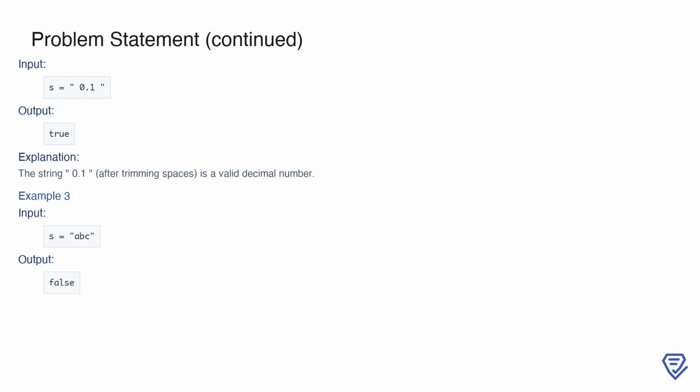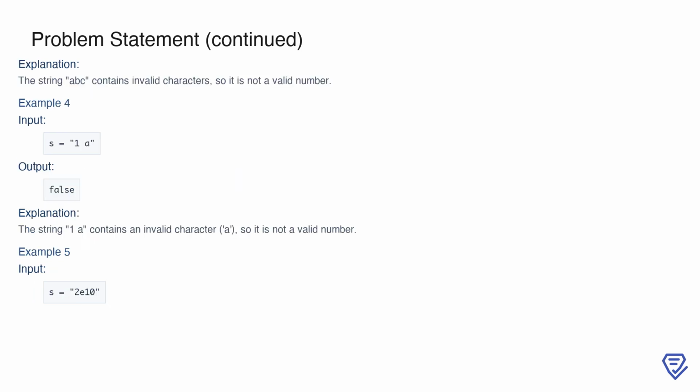This is because the string contains a space followed by the letter a, which is not allowed in a valid number. On the other hand, if the input is s equals "2e10", the output is true. This is a valid example of scientific notation, where 2e10 represents the number 2 multiplied by 10 raised to the power of 10. Let's look at another example. If the input string is s equals "-90e3", the output is true.